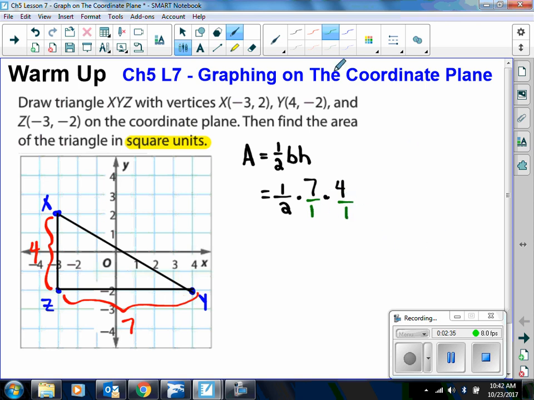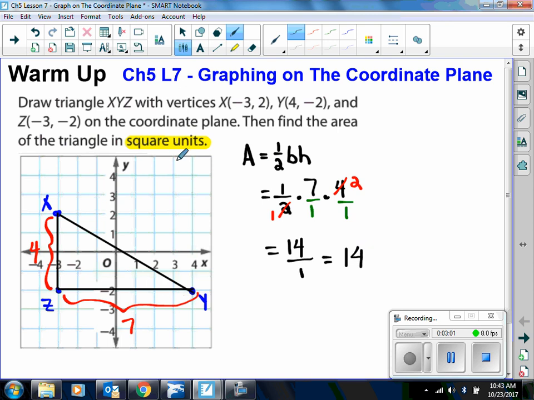What do I do before I multiply fractions? Very good. So we can simplify: 2 divided by 2 is 1, and 4 divided by 2 is 2. And now we just multiply straight across. So 1 times 7 times 2 is 14, over 1 times 1 times 1, which is 1. And of course, 14 over 1 is just 14.